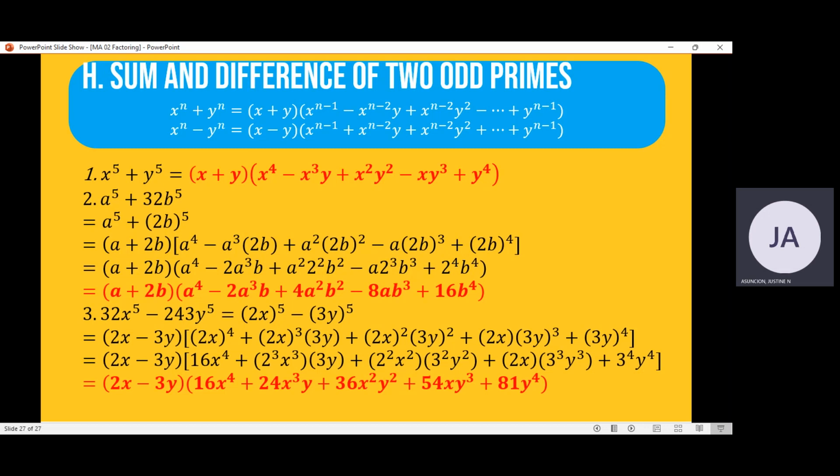Again, all you need to do is apply the laws of exponents to simplify. Also, it's not necessary that the degree here is always 5. It could be 7, and so on, as long as it is an odd prime.